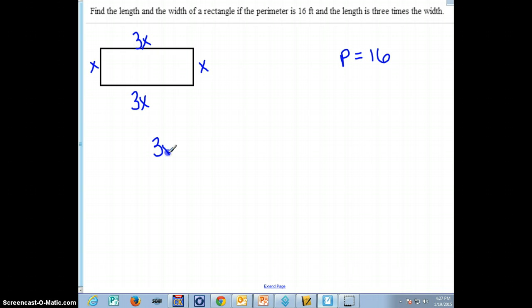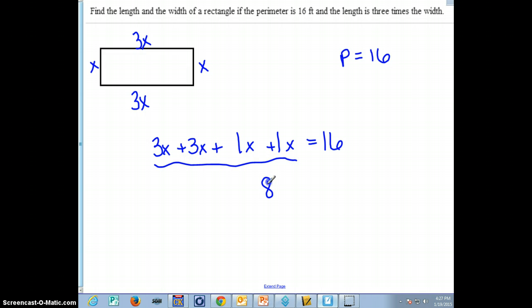So I know I have 3x and 3x, and x when I add them together. Add 1s in front of those just so I know what they are. And then 16. So these added together would be 8x, divided by 8.